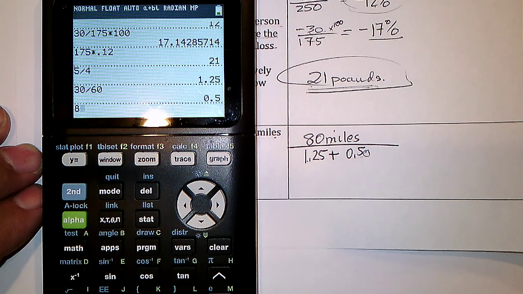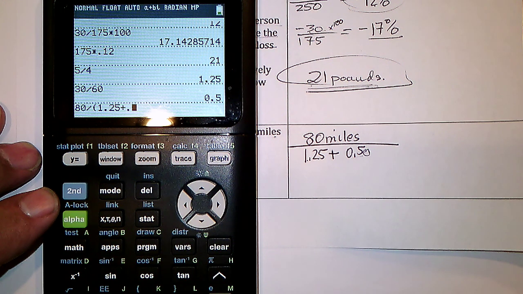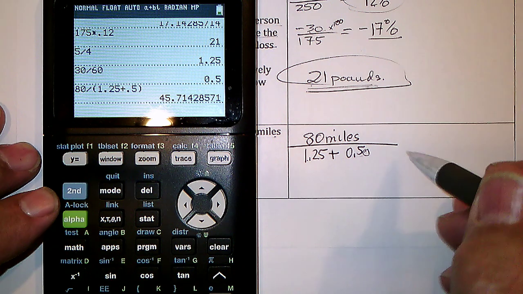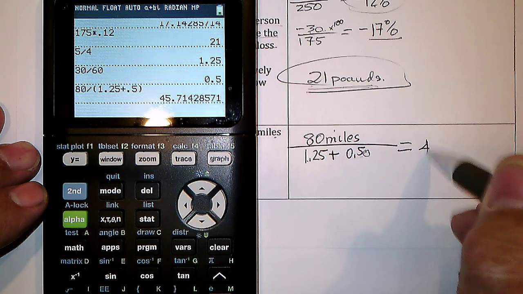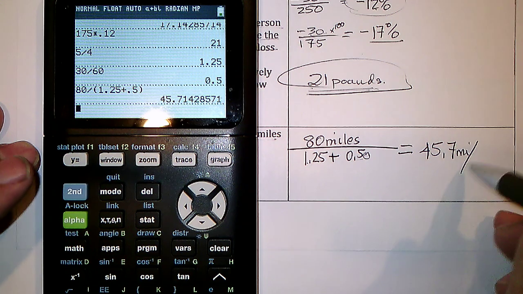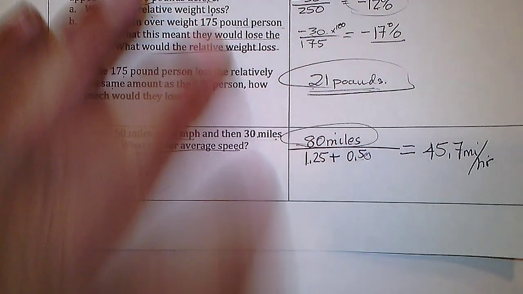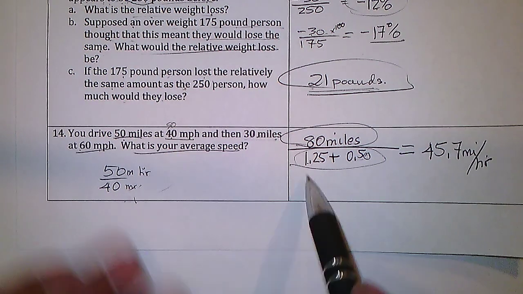So you have 80 miles divided by the time of 1.25 plus 0.5 hours, close parenthesis, and you're going an average speed of 45.7 miles per hour.